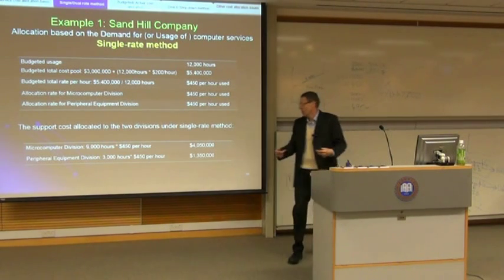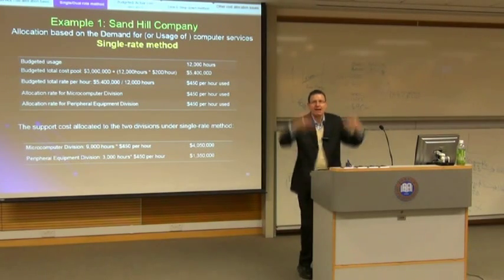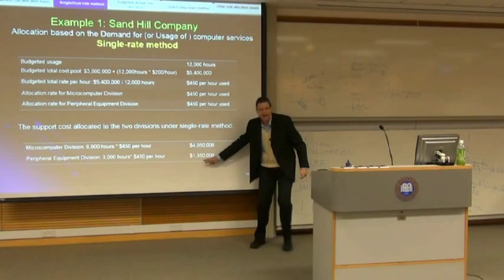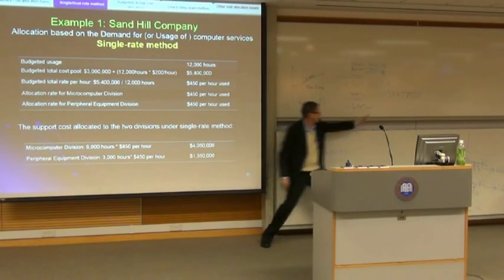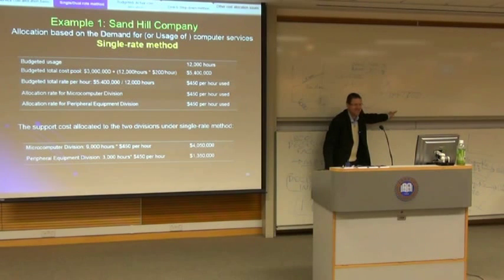Which one is a scenario where the manager of the division is more honest? Is it this one? Hands up. Is it this one? Hands up. This one. They're honest. We only need to use 3,000.